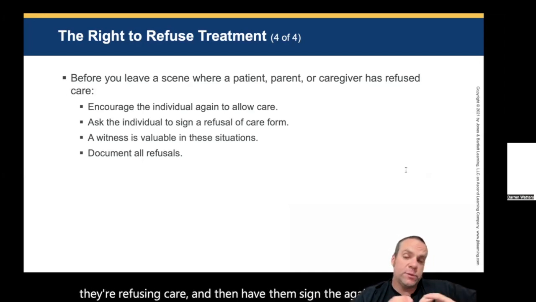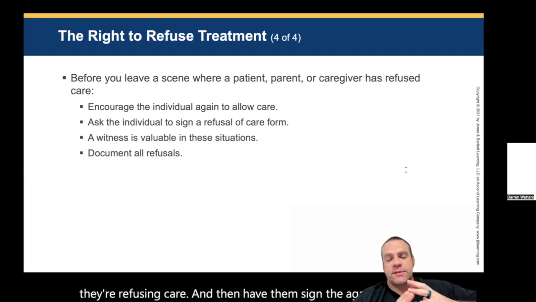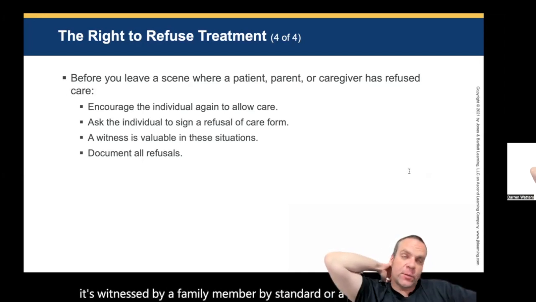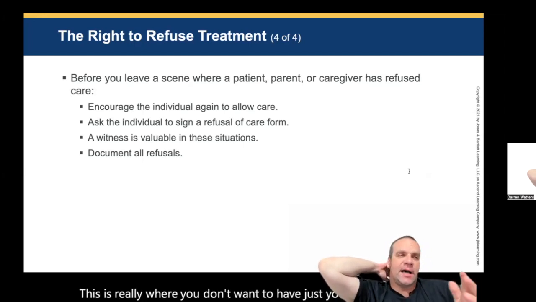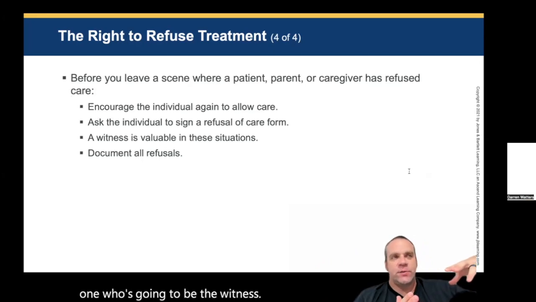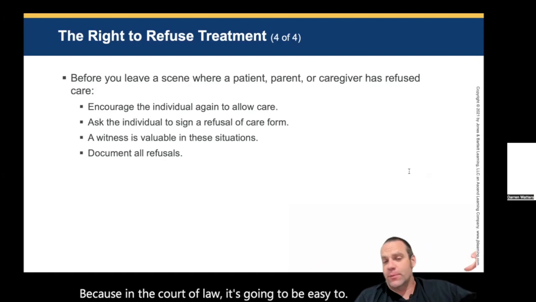That's going to be your refusal form. Make sure it's witnessed by a family member, bystander, or a police officer. You don't want to have just your partner be the witness, because in a court of law, it's going to be easy to fight that as a lawyer: of course your partner is your witness, they have to be.